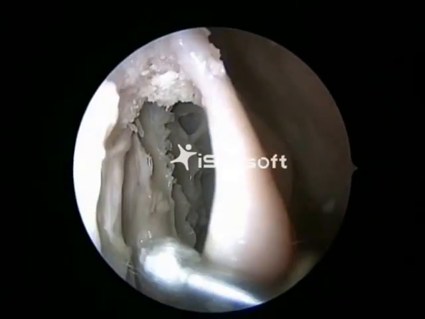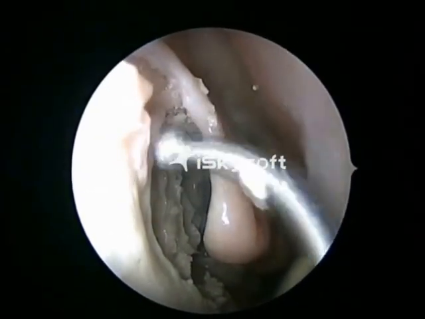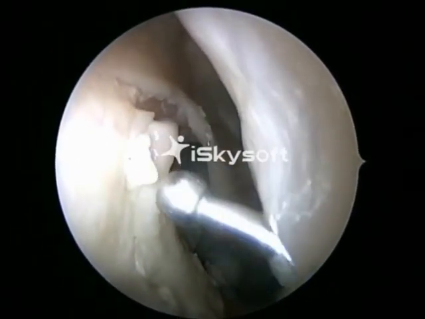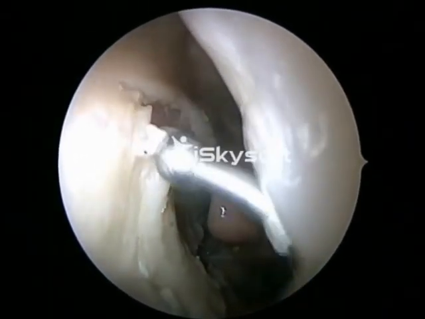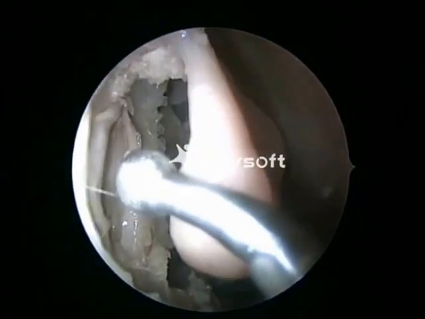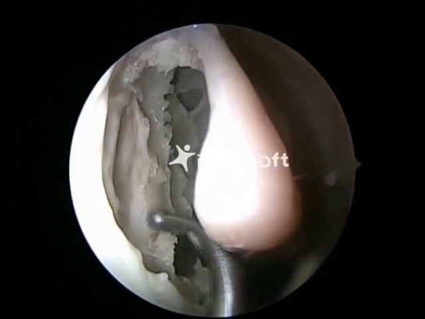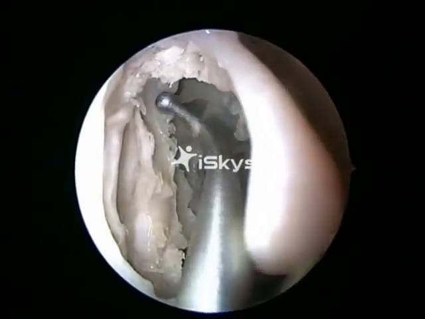Now you can see that the anterior flap is in contact with the inferiorly based flap, which has given us excellent results. That's the posteriorly based flap.